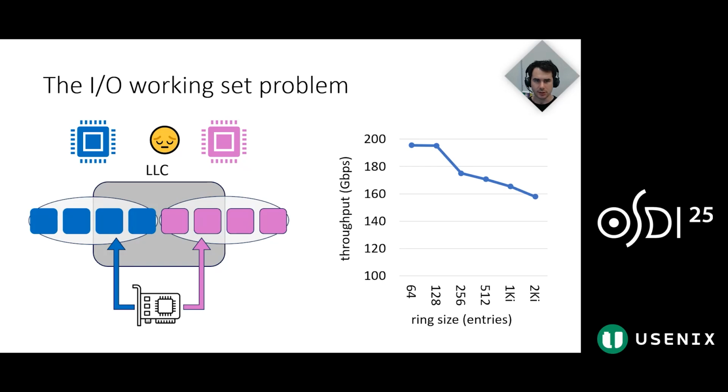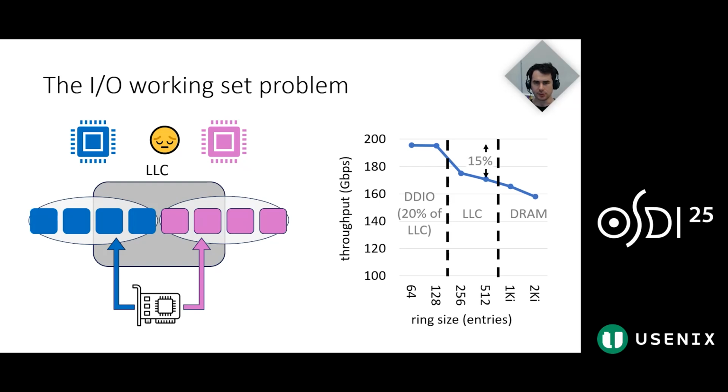We see that rings smaller than 256, whose working set fits into the DDIO portion of the last level cache, achieve line rate 200 gigabits per second throughput. Next, we see that rings smaller than 1024, which fit in the last level cache but not in DDIO's portion of the last level cache, have up to 15% lower throughput.